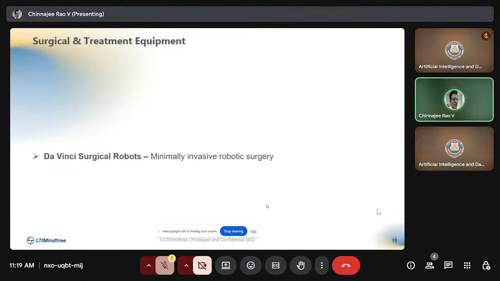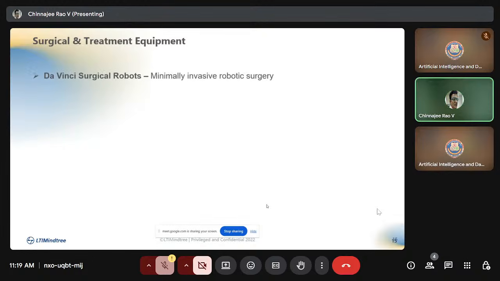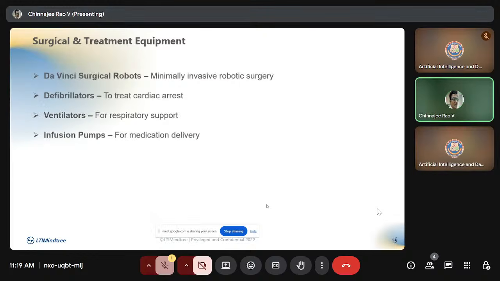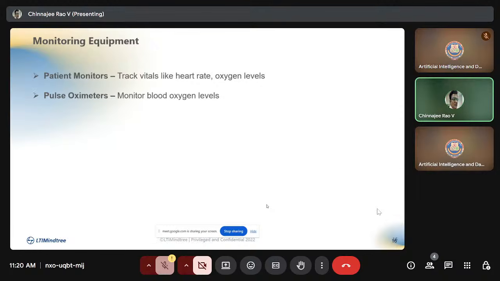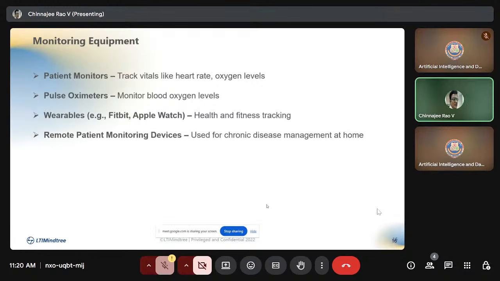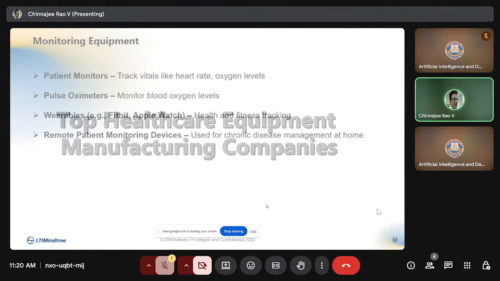Then treatment equipment. Okay, so da Vinci surgery robot, then defibrillators, then ventilators, then infusion pumps, then anesthesia machines. Okay, these are some of the tools. Then monitoring equipment, patient monitors, like pacemaker, then pulse oximeter, then wearables, then remote pain monitoring devices.